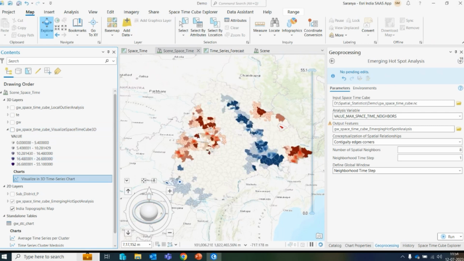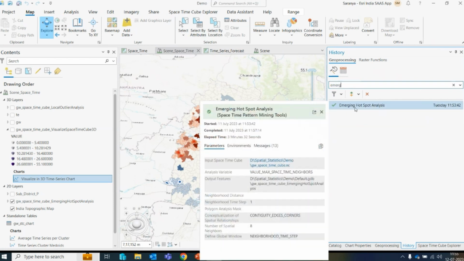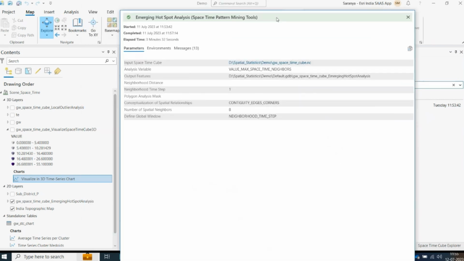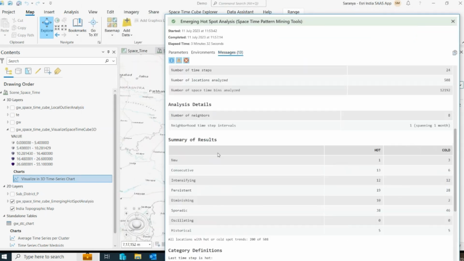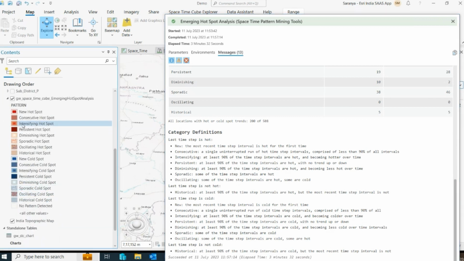The interpretation here is going to be a little different from what we saw earlier. Here it is useful to look at the messages. Here you can see that we have different categories. When I expand this output, I have new hotspots, consecutive hotspots, persistent hotspots, etc.